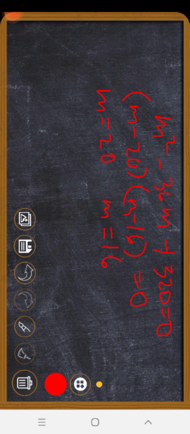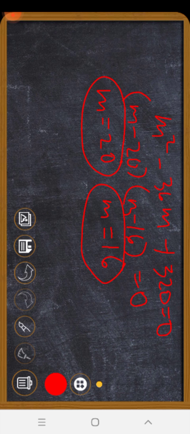Taking note that they are both positive, they are accepted as your answers. So you have m is equal to 20 and m is equal to 16, since we are to find m.